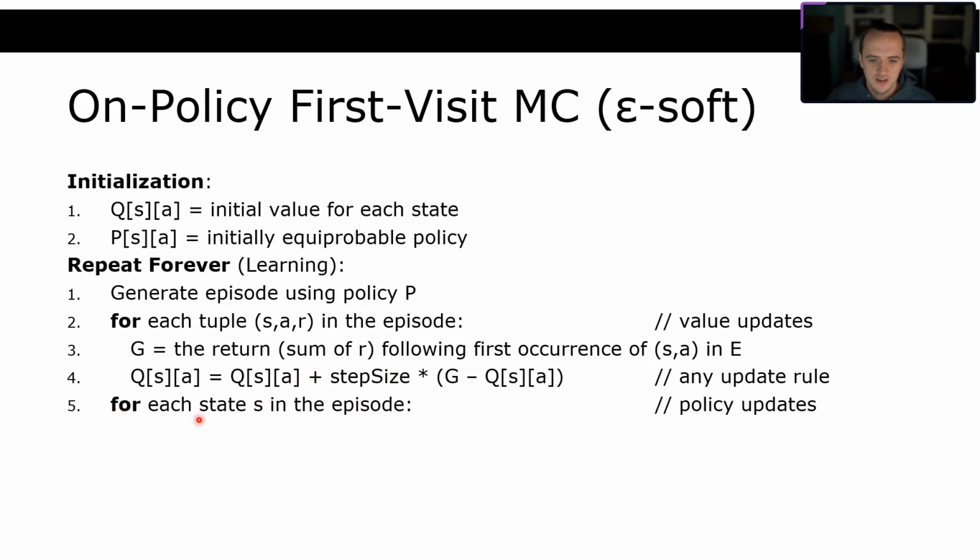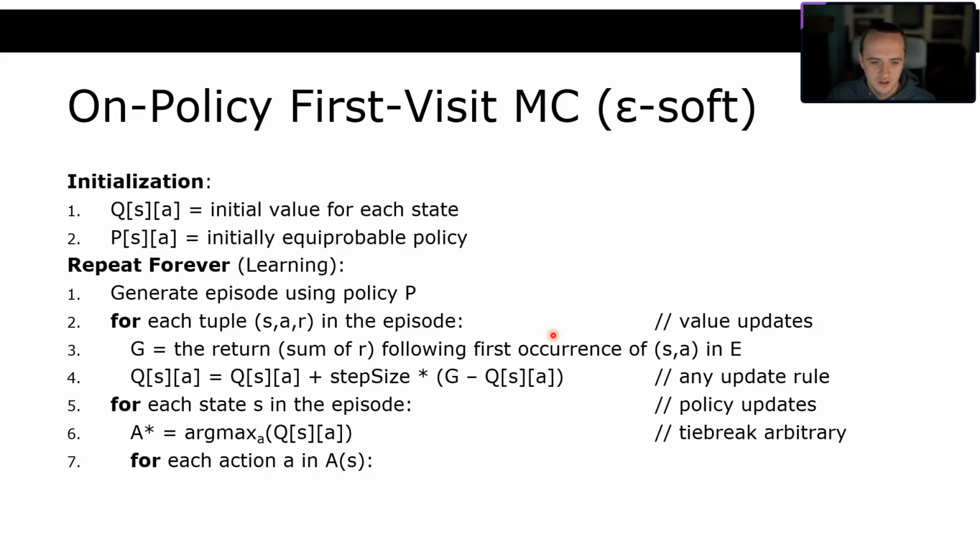Then for each state in the episode, now we're going to do the policy update. So what we're going to do is find the action which maximizes Q(S,A). All we do there is look over all the actions at a given state and choose the maximum one. And I'll have a numerical example of this to make it more intuitive on the next slide.